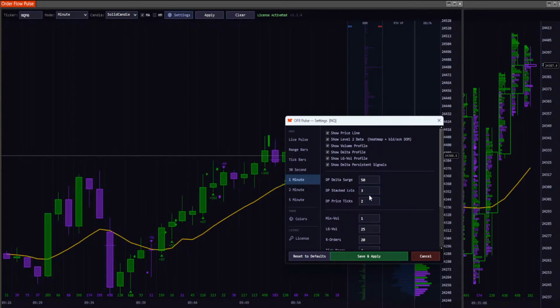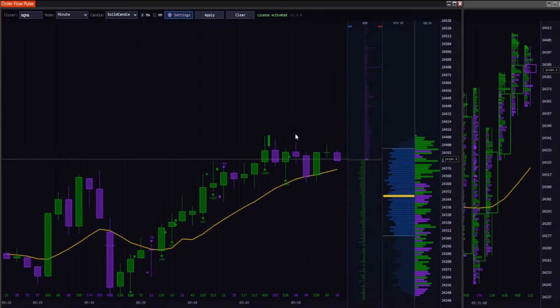It's not a stacked and balanced level. It's just a stacked level of more buying than selling, and the price has to tick up twice in a row. It can't tick up, tick down. It has to tick up in order to be valid. Plus, all that logic has to happen within 1 second. So that is how the delta surge is calculated.